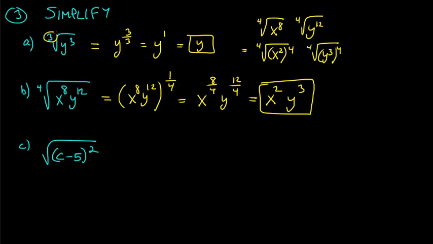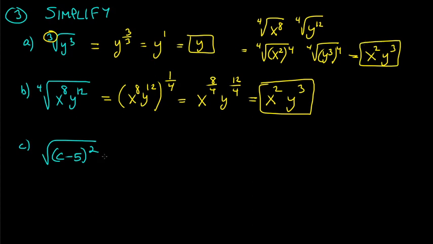And just like here, you can think of the 3's as kind of canceling, right? 3 divided by 3. Here, we're thinking of the 4's as canceling, right? When the index and the exponent match, they tend to just cancel each other out, right? And so that's where we just get x squared y cubed. So that's another way to think of it. That's probably how we did it originally.